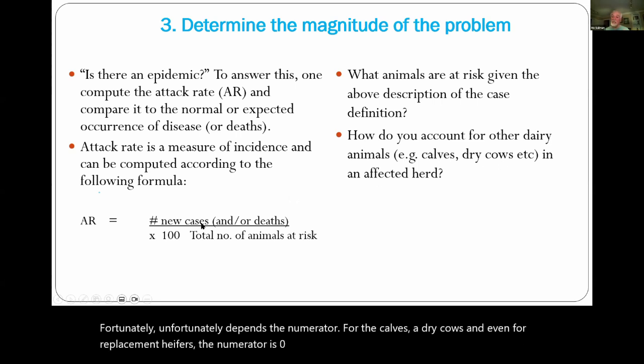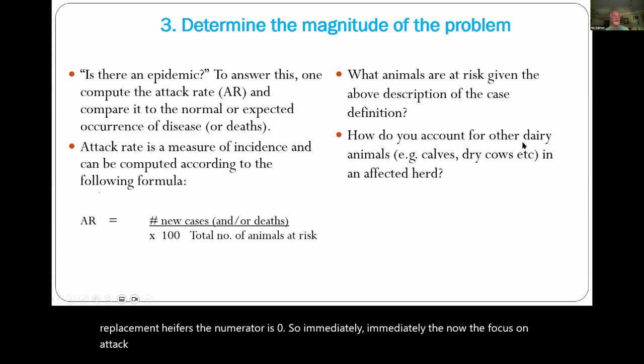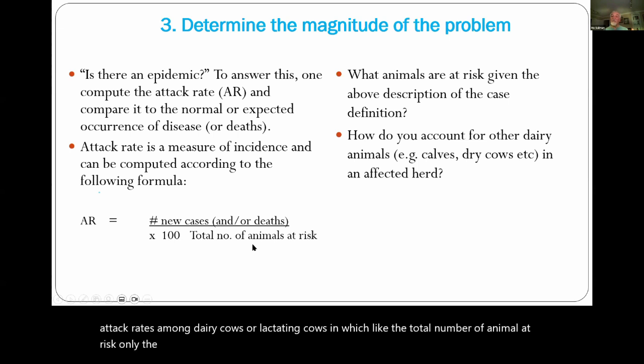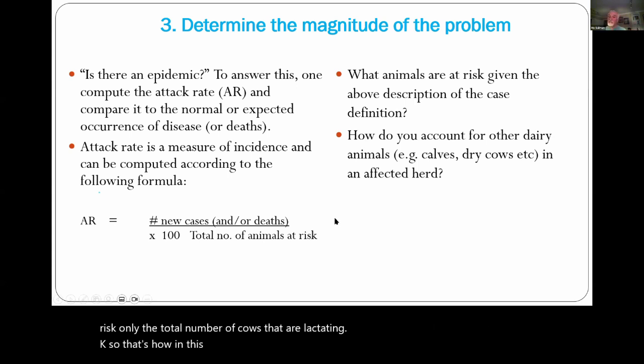So immediately, now the focus is on attack rates among dairy cows or lactating cows, in which the total number of animals at risk is only the total number of cows that are lactating. Okay, so that's how in this situation, which is very special, that's how they focus.